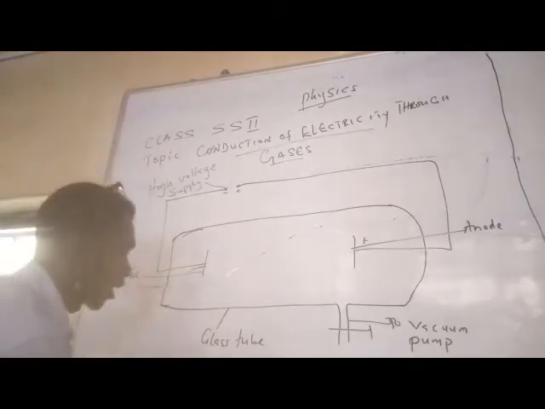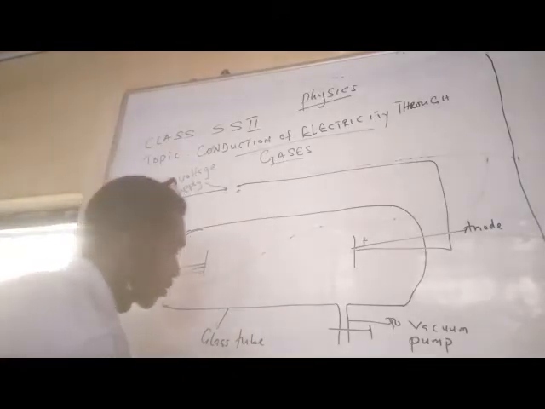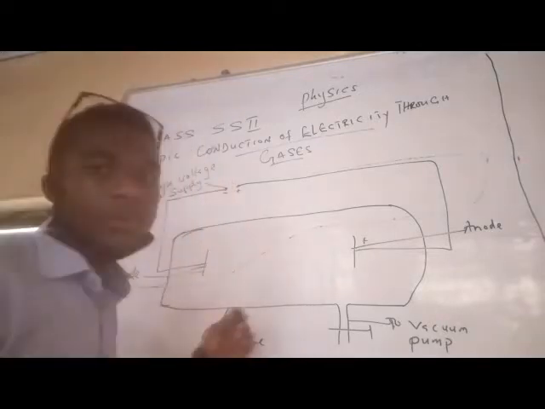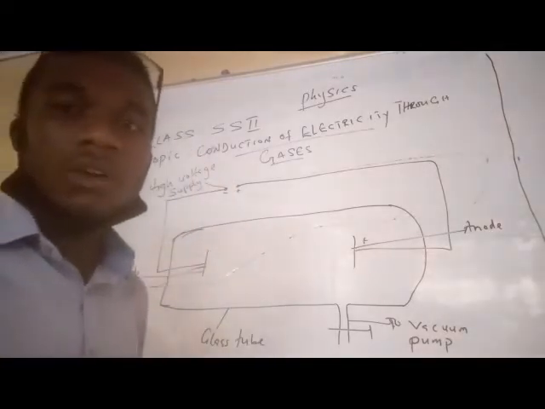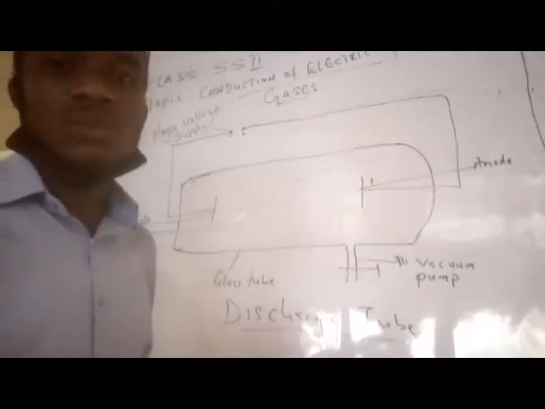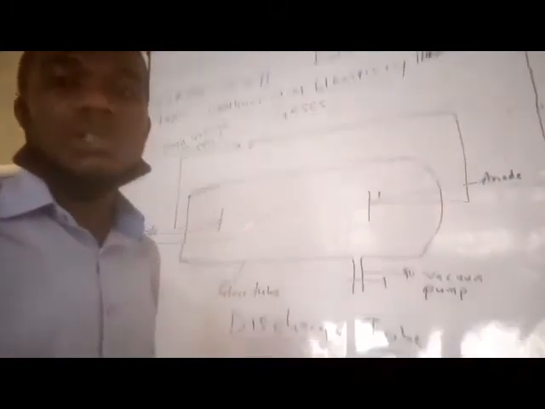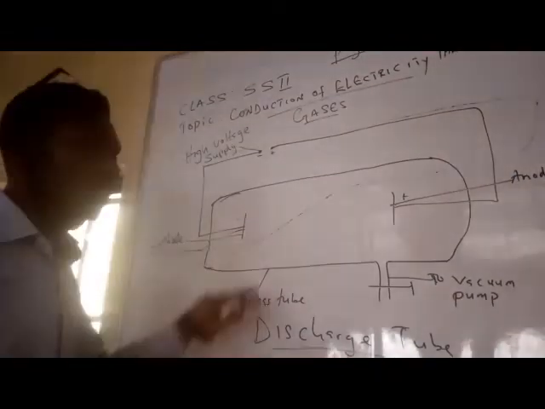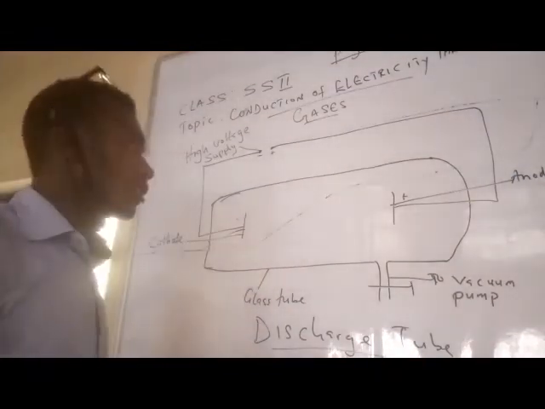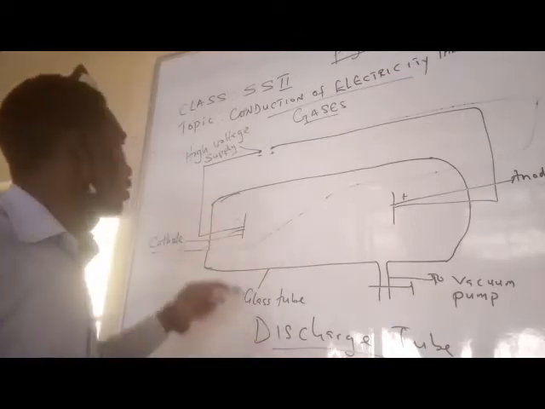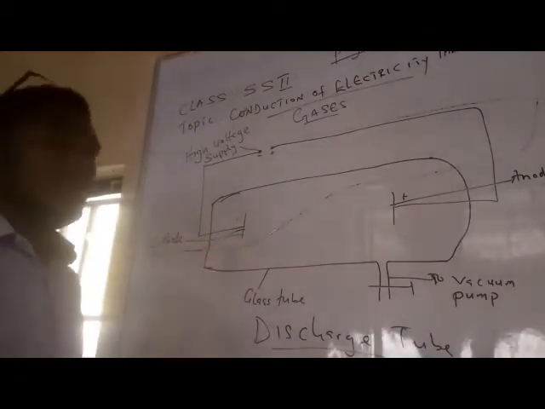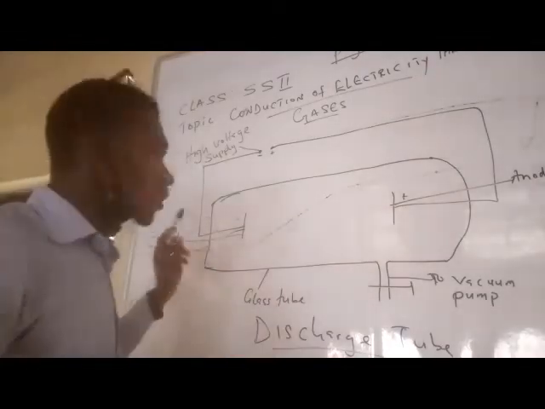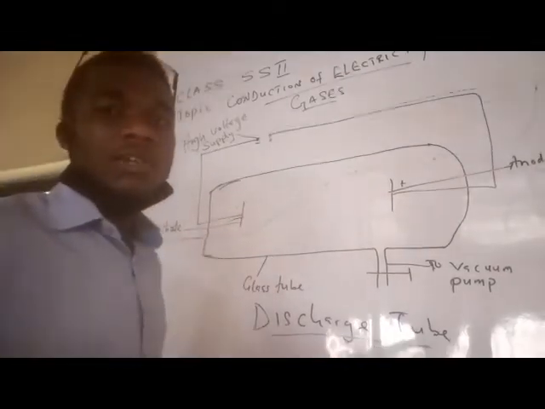This whole setup on the board is what we refer to as the discharge tube. The discharge tube consists of what? A glass tube, then the two terminals which act as the cathode and the anode.